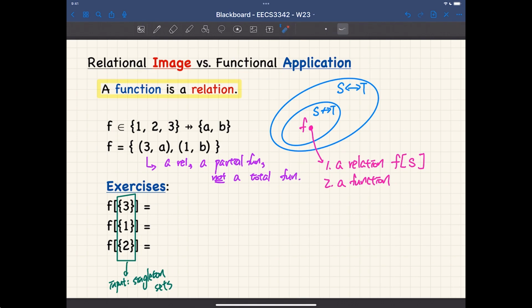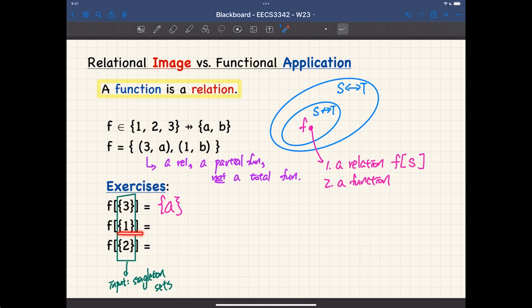What would be the relational image for 3? A, or to be more precise, it's a set containing only A. Be very careful. If you only say it's A without the curly bracket, it's wrong. Okay? What about the relational image over just 1?